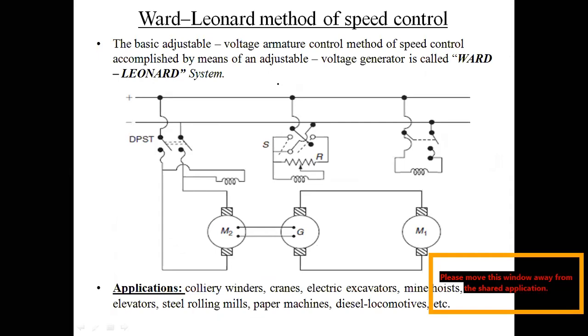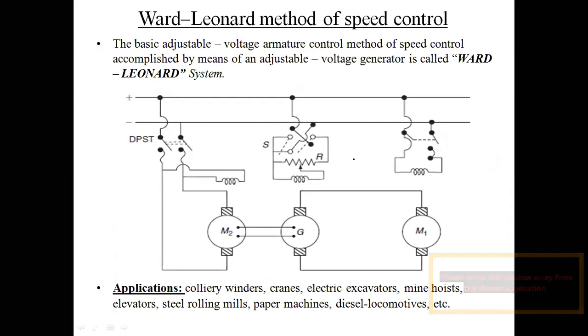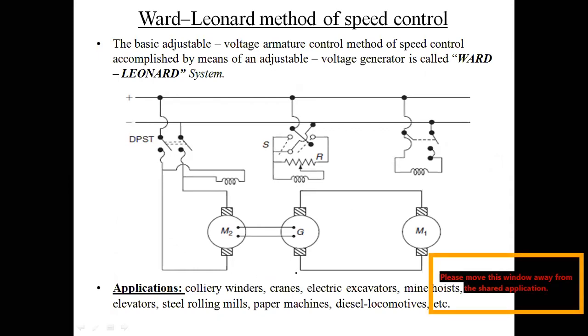This is an important topic, and you can have a 90% chance of a compulsory question on speed control of DC motors in your external examination. This is the connection of the Ward-Leonard system.